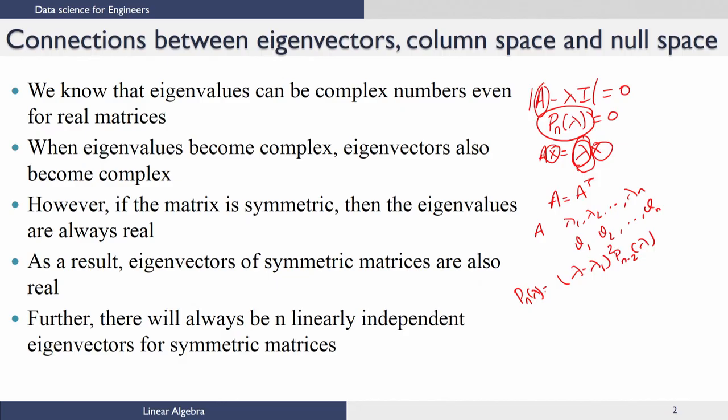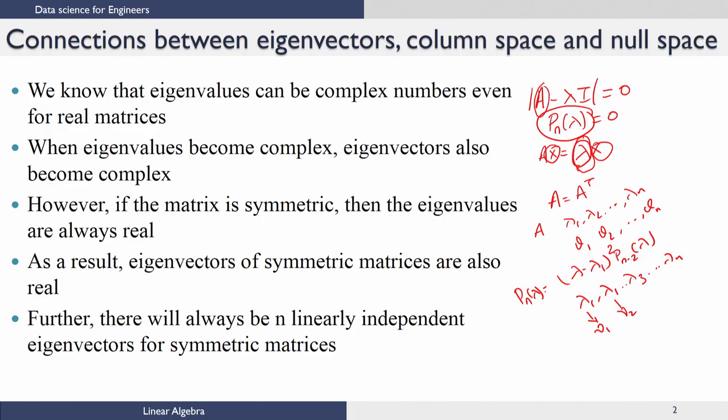Now, in this case, when I have lambda 1 repeated like this, then it could turn out that this eigenvalue either has two eigenvectors which are independent, or it might have just one eigenvector.